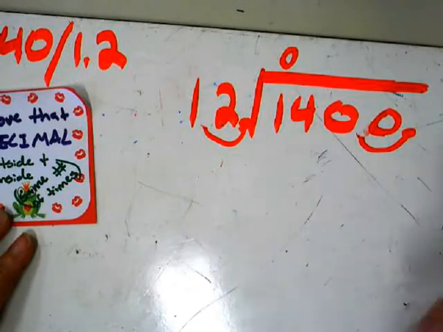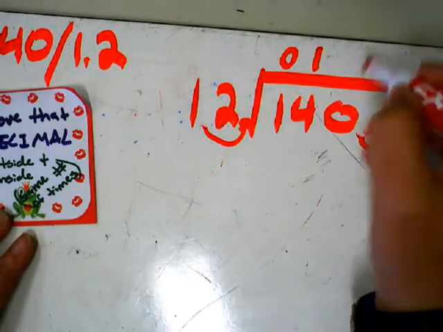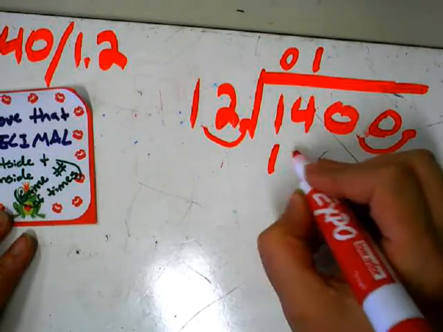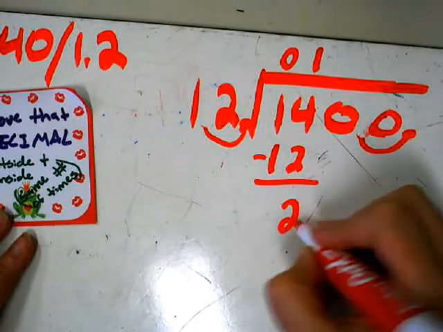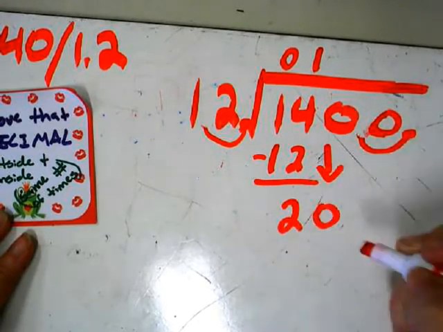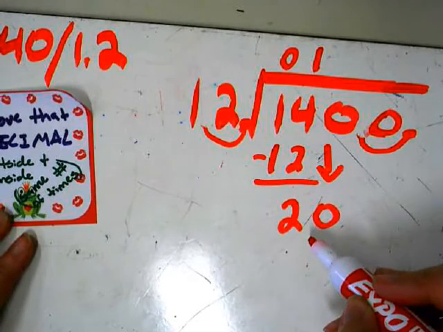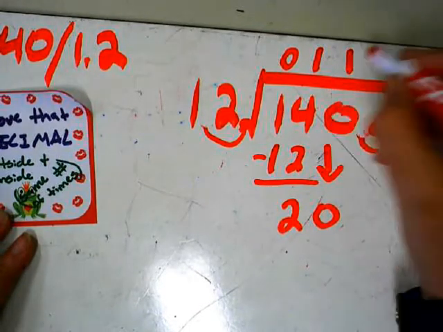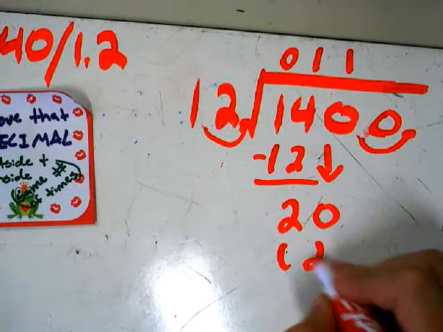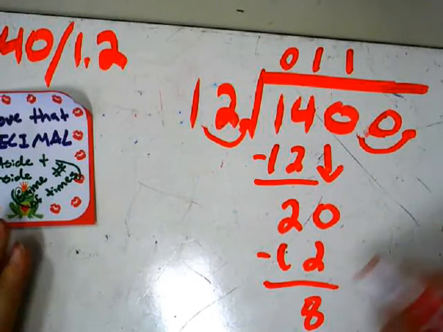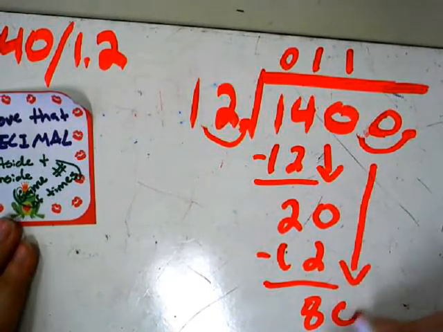12 goes into 14, however, one time. 12 times 1 is 12, subtract 2, bring down that 0. 12 goes into 20 one time, multiply, subtract 8, bring down that 0.